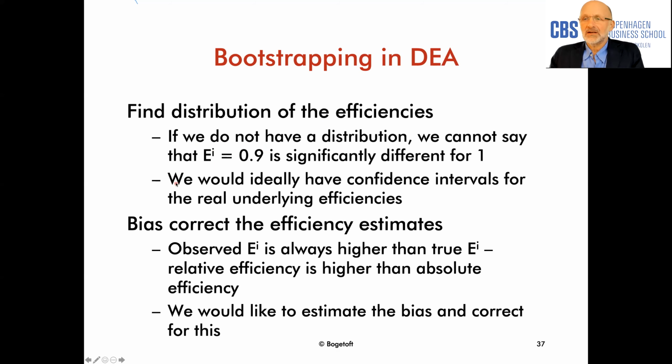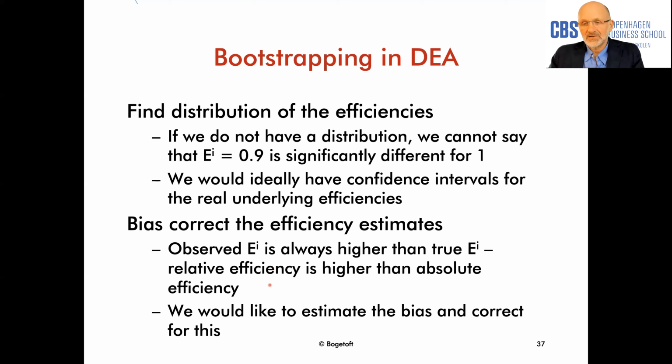And then the other thing is that we would like to somehow correct for biases. As we talked about, EI is always higher than the true EI, namely if we compare to the underlying technology. So we would like to estimate that bias and then correct for it.